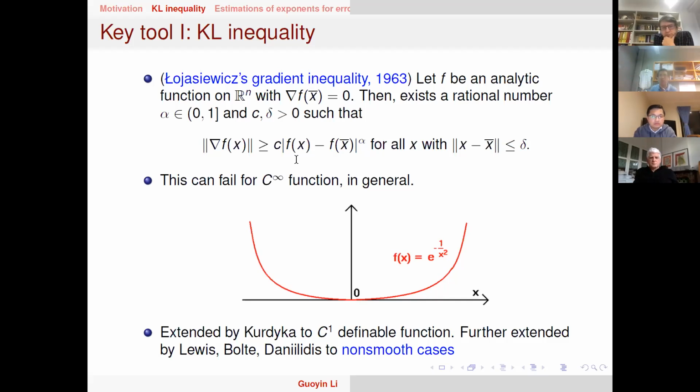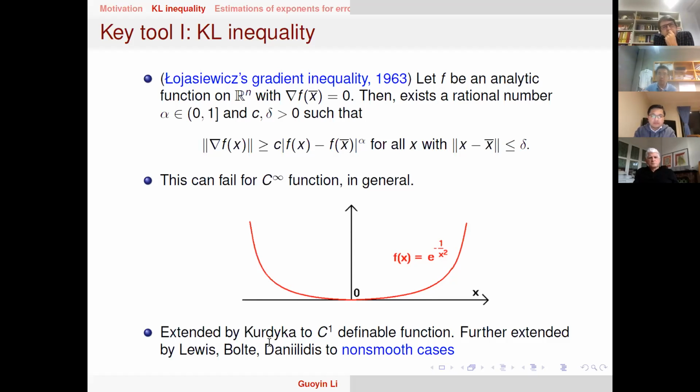This has been extended by Kurdyka to continuously differentiable definable functions. Definable functions are basically an extension of semi-algebraic functions and globally subanalytic functions. You can think of them as finite maximum or minimum of polynomial functions, if you will. Later on, Attouch, Bolte, and Redont extended them to non-smooth cases, which really broadened the application of this inequality. That's why it bears the name Kurdyka-Lojasiewicz inequality.